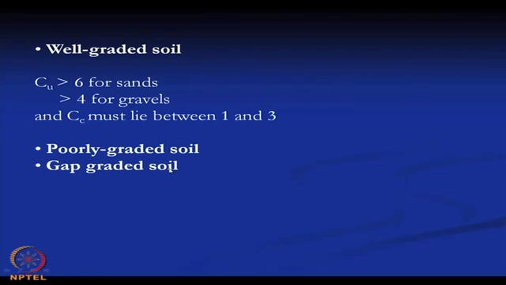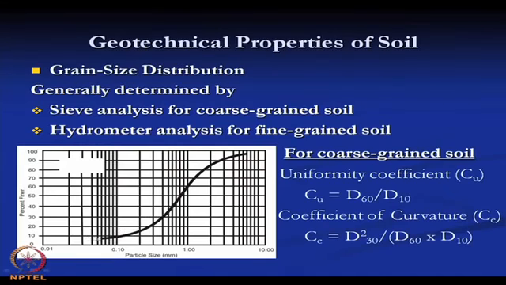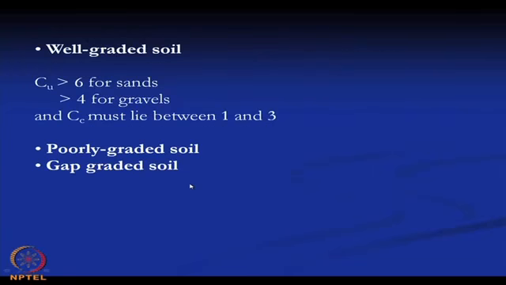And gap graded soil means one particular range of the particle size is missing in the soil. So, the graph will start from here, then there is a gap, then it will start again. A particular range of particle sizes is missing, and that type of soil is called gap graded soil.